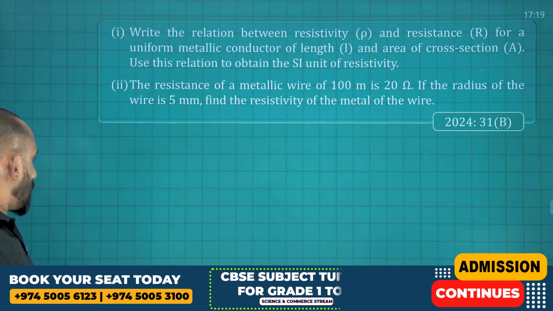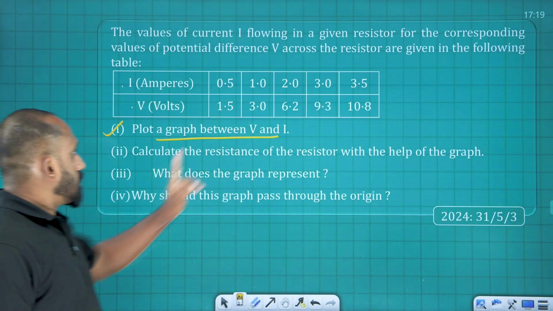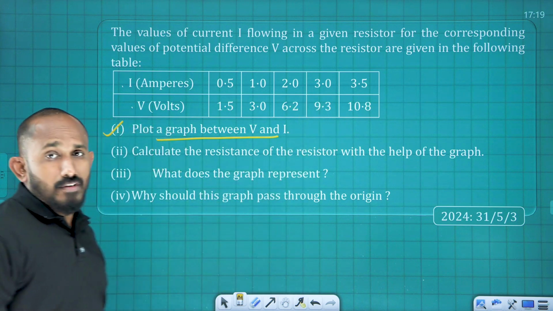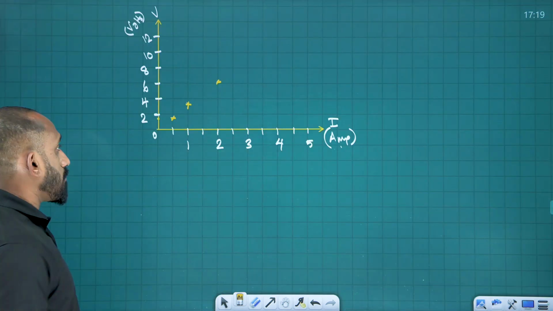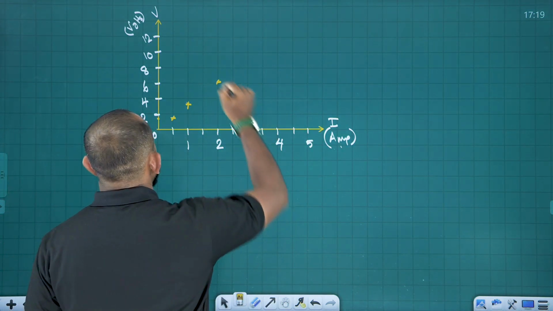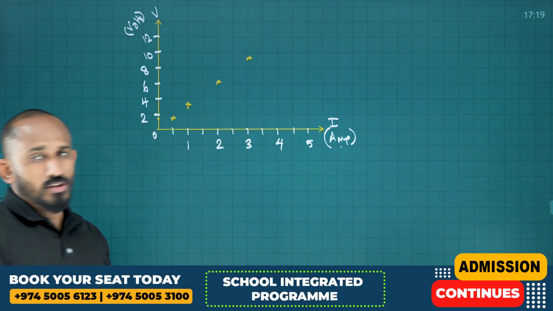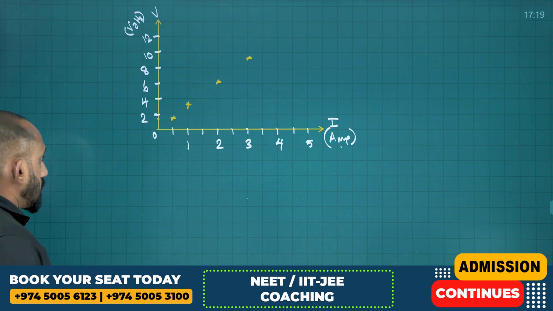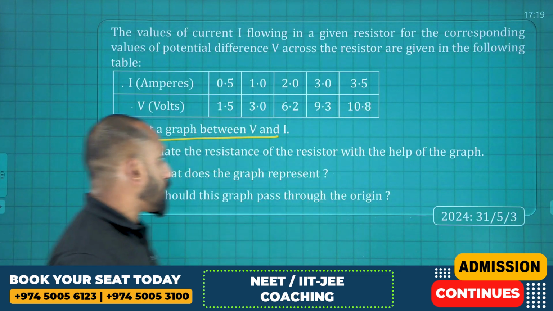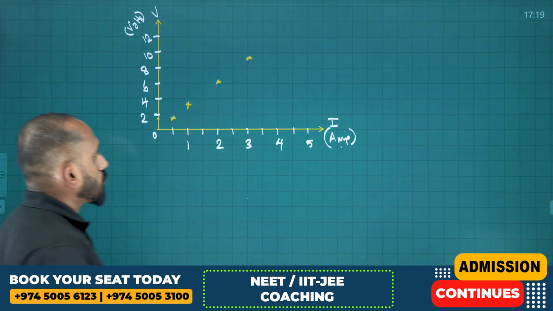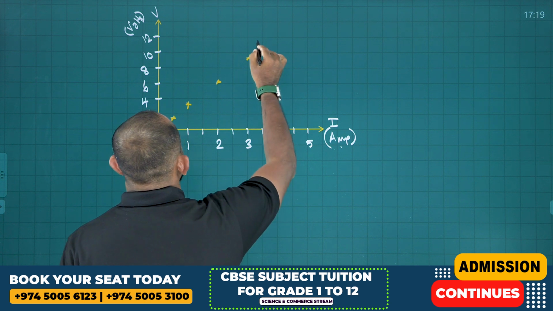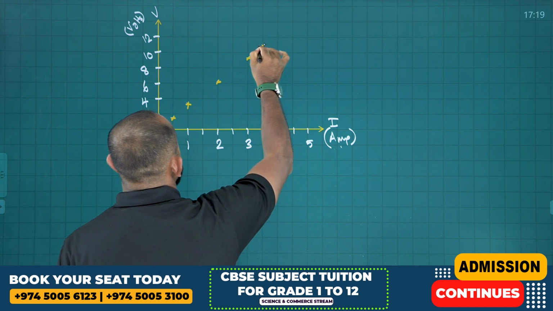For 3 ampere, we have 9.3, which is about half way between 9 and 10. Then for 3.5, we have 10.8, almost 11. So I'm marking these points.